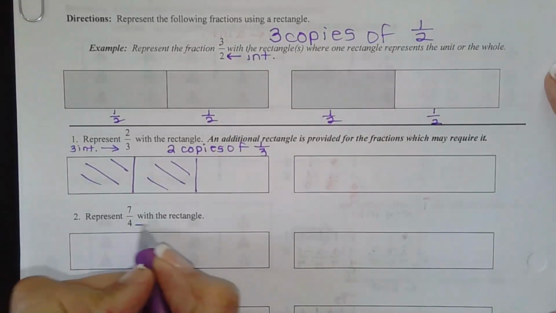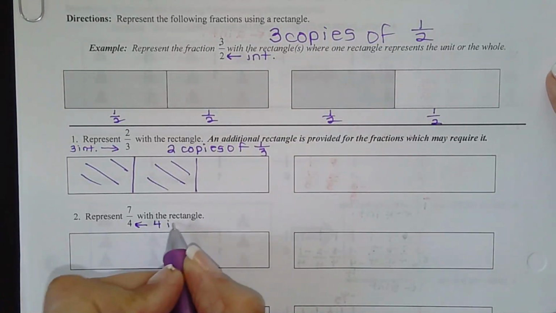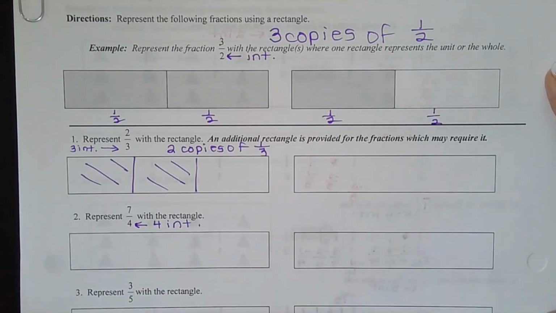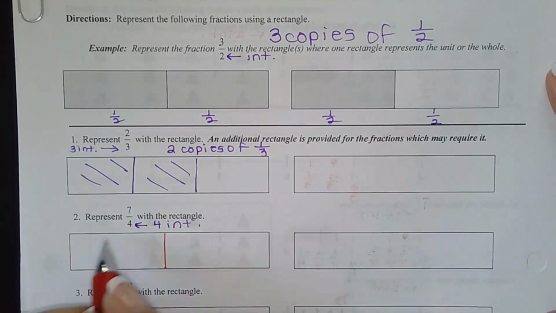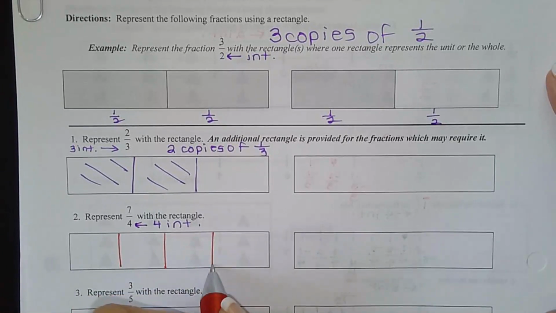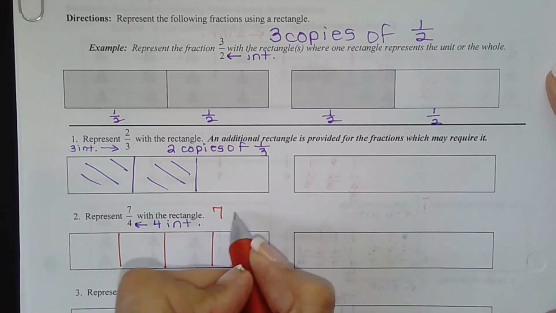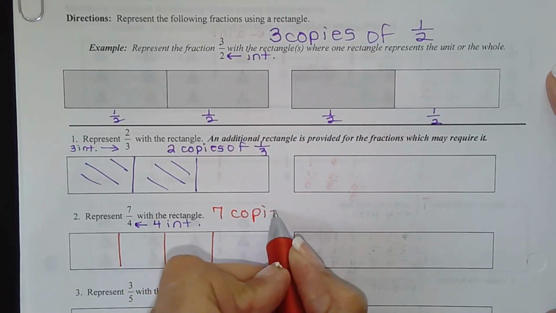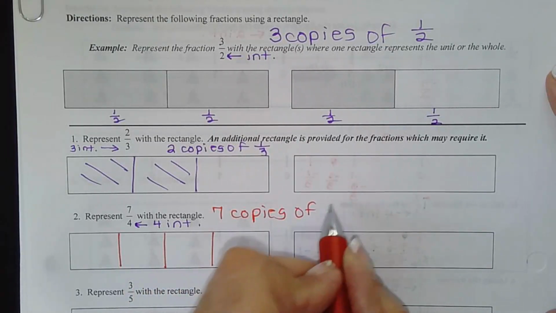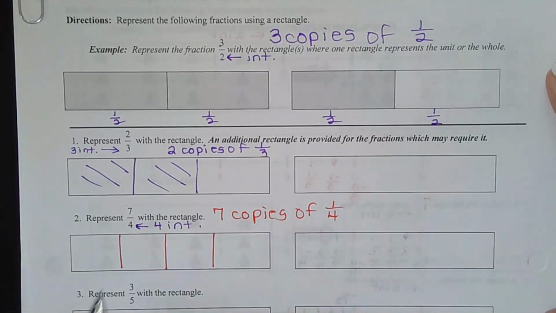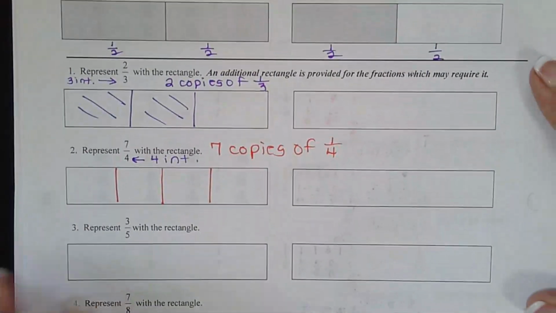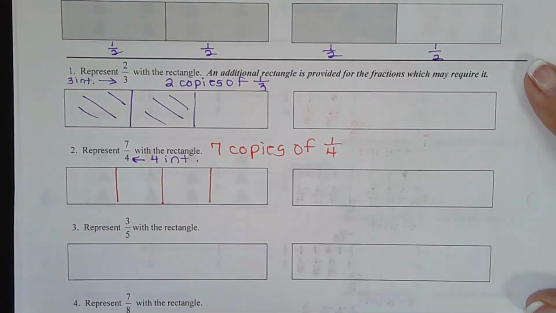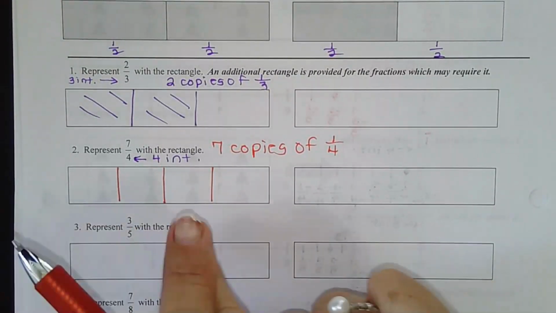So this one tells me 4 intervals. So we cut it in half again, and this one is 7 copies of 1/4. And so I can see I don't have enough. I only have 4 copies of 1/4 there, because 4/4 makes a whole.